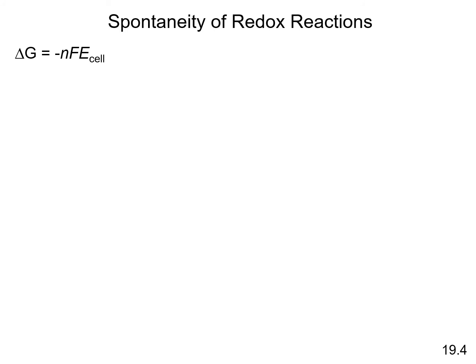Delta G is equal to negative NF E cell. If it's a standard state, the same thing, so the standard delta G gives the free energy.